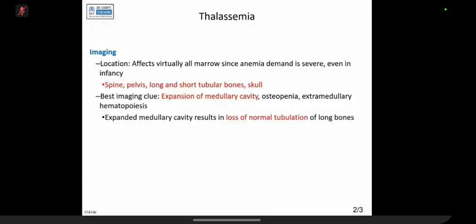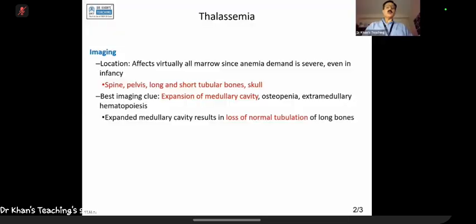Okay. And in thalassemia, the physiology goes into overdrive and starts producing red blood cells everywhere. And these are children. So that is why every bone is more or less involved.